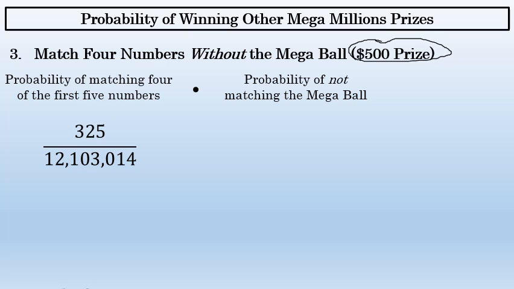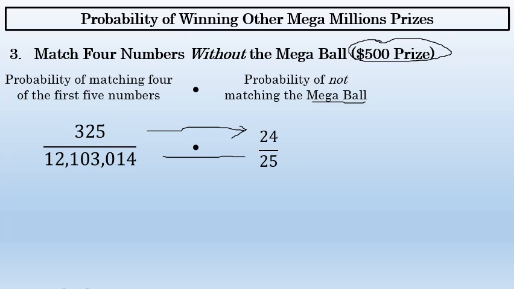We just found that the probability of matching exactly 4 out of the first 5 numbers is 325 out of the 12,103,014 possible ways there are to draw those first 5 numbers. We'll multiply that by the probability of not matching the mega ball. Well, there's 25 numbers that the mega ball is drawn from. 1 out of those 25 matches the mega ball. 24 out of 25 does not.